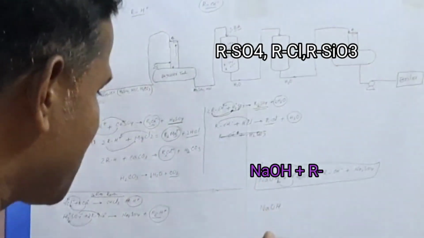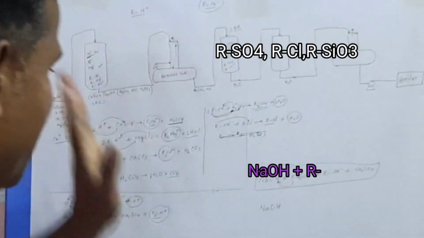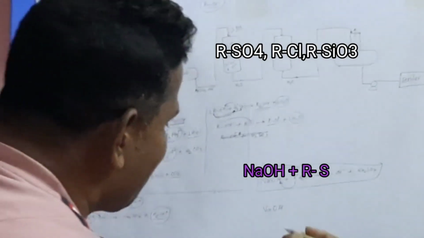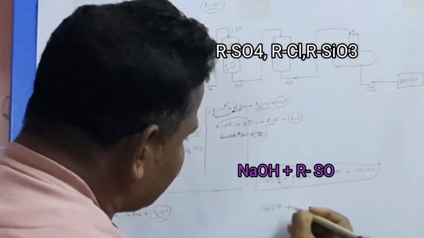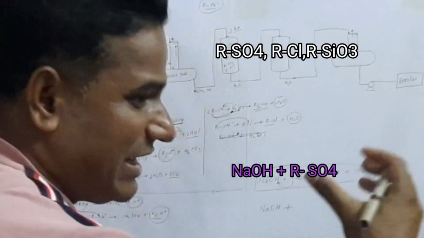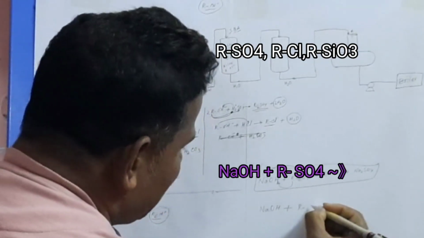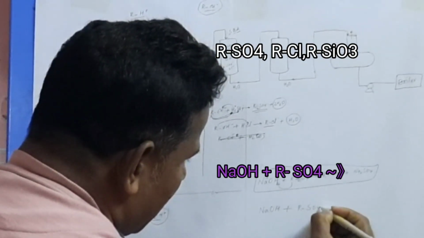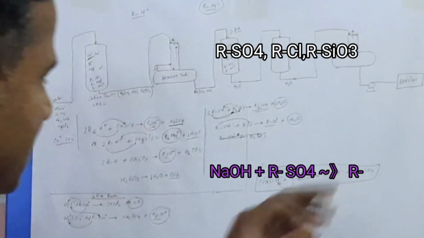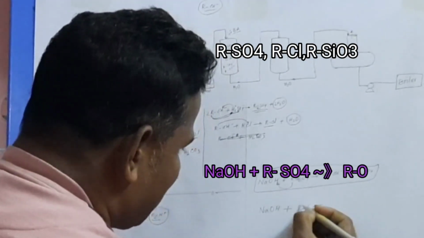If sodium hydroxide enters the anion tower, what will happen? The resin already exhausted with sulfate, if it reacts with sulfate, what will happen?